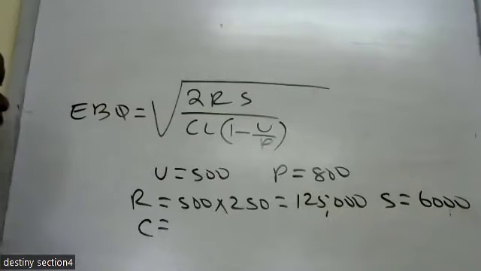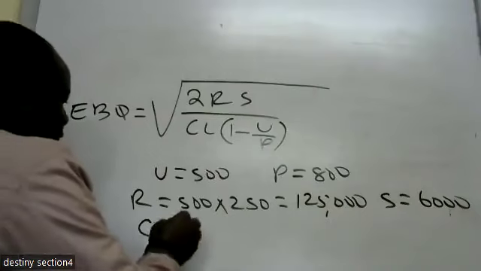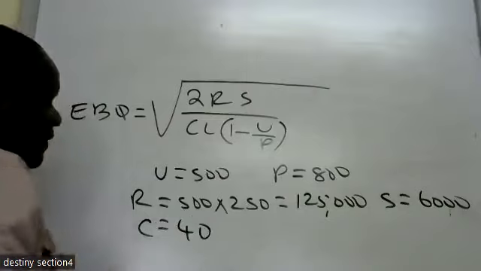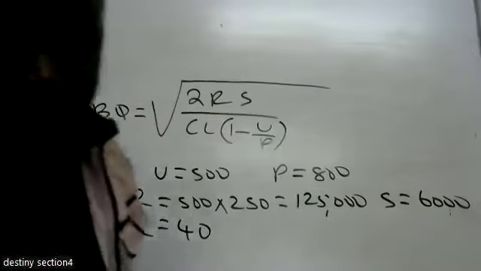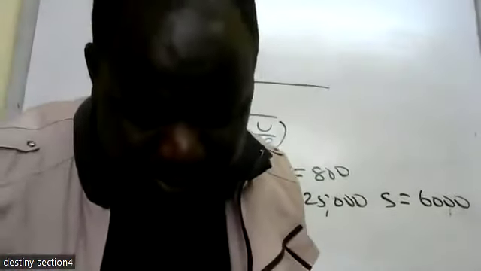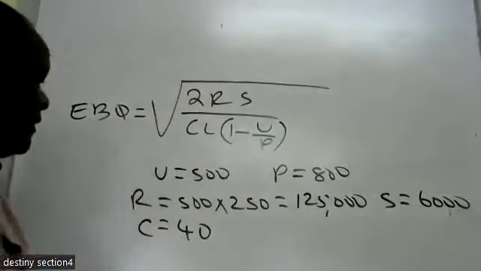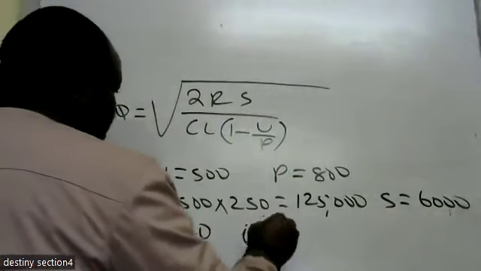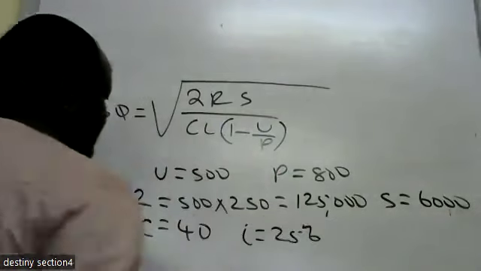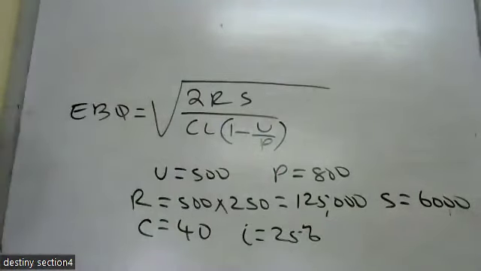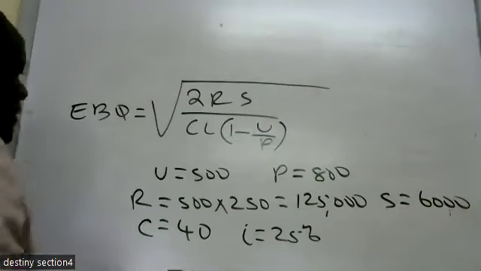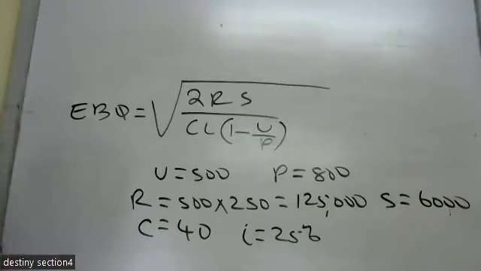It should give us which figure. I has been given as 25%. From there, you can now calculate your economic batch quantity.